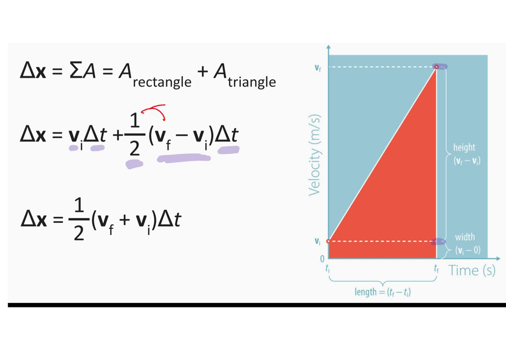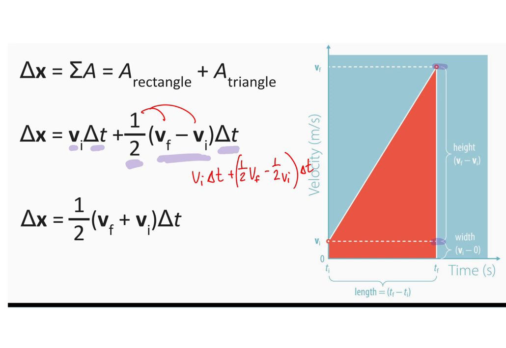All right, so if I were to distribute, let's see. I'm going to distribute this right here. I'm going to say V sub I times T, I'm going to leave alone, plus 1/2 final velocity minus 1/2 initial velocity, right? And then that is being multiplied by my T, change in time.